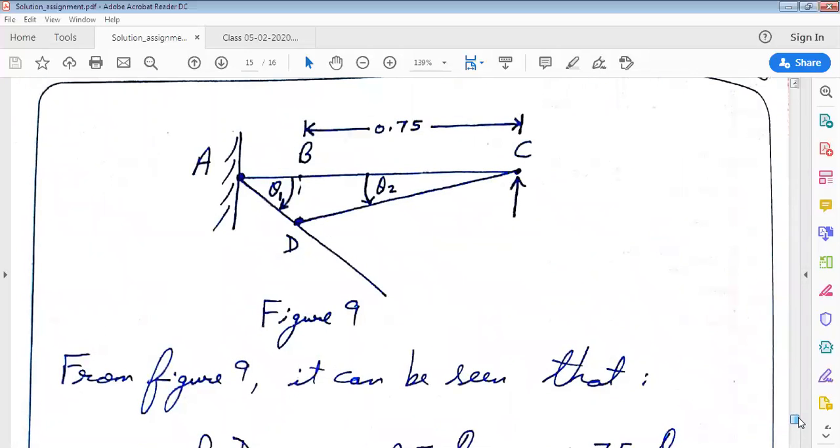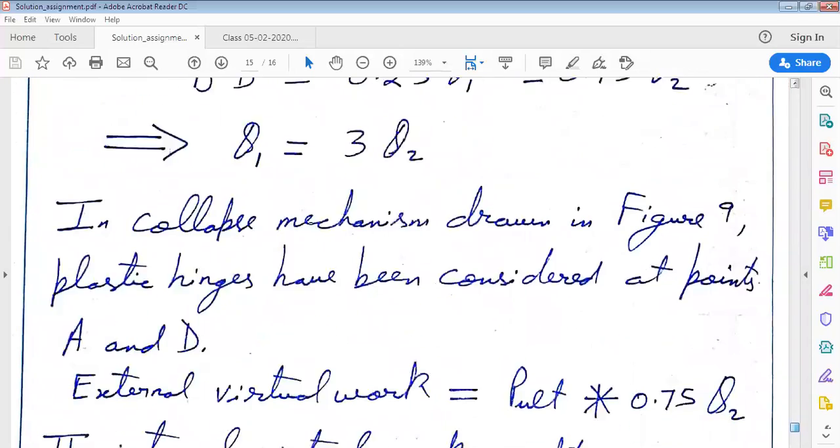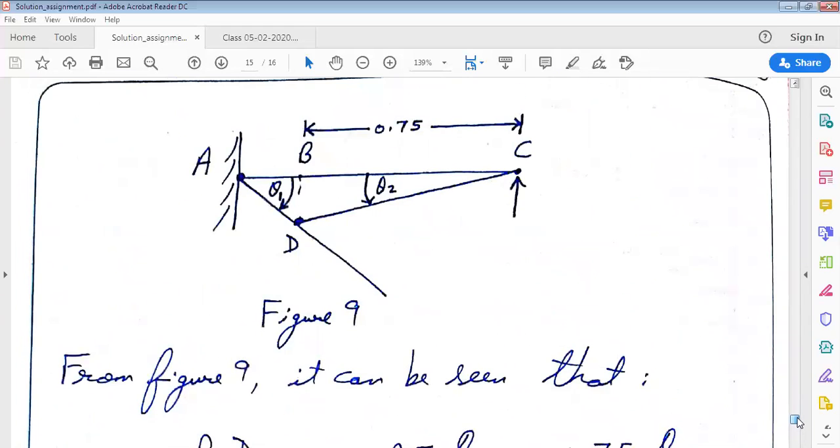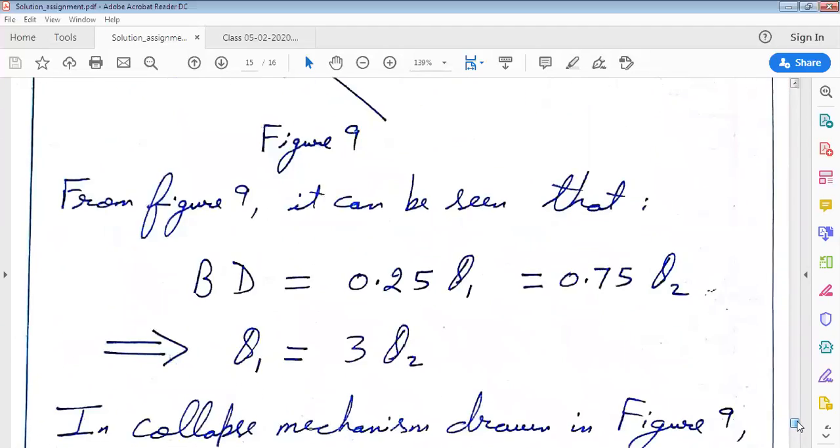Now, here plastic limit load, the P ultimate is acting at point B. So the external virtual work becomes P ultimate into 0.75 theta 2, where 0.75 theta 2 is equal to BD.